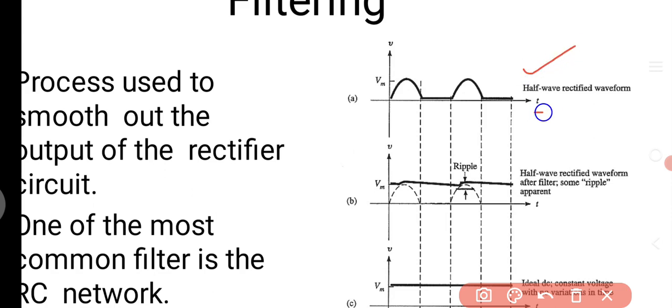This half wave rectifier output is given to the filter circuit. The filter circuit will smoothen the rectifier output. The output of this filter circuit is like this. That means somewhat we can get the DC filtering. That means some of the ripples will be absent when we are getting the filtering.